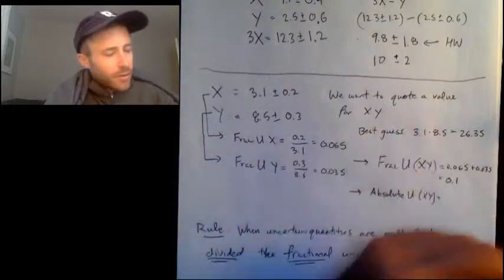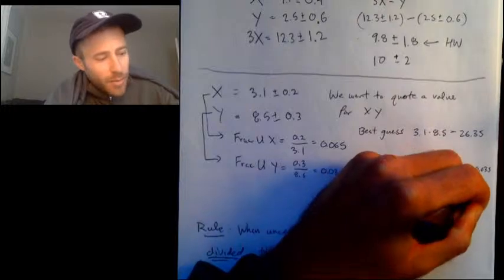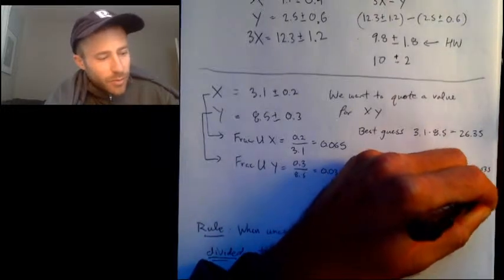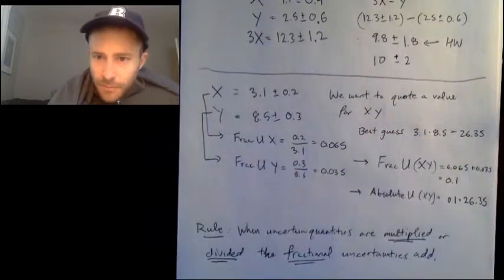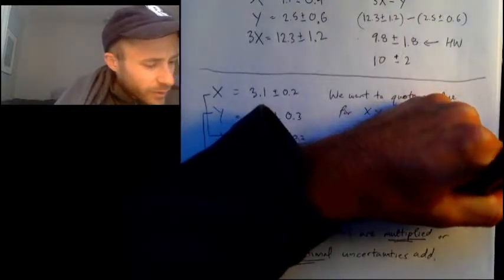So I take my fractional uncertainty and multiply it by my best guess, which was 26.35, and I get 2.635.